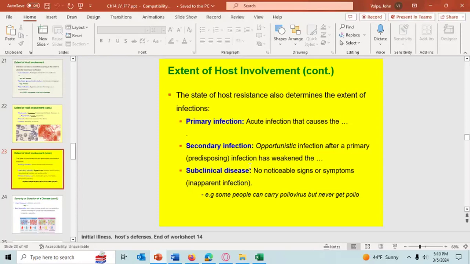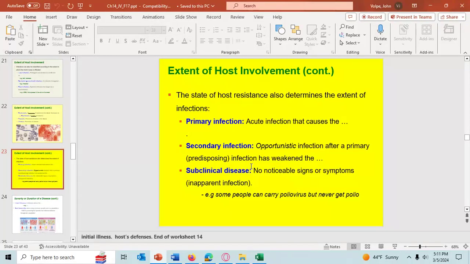The trouble is they can then spread COVID-19 to other people, including like their grandparents, and that would be a very serious disease if their grandparents were to get it. Some people can actually carry a polio virus, but never have any signs or symptoms of the polio disease.